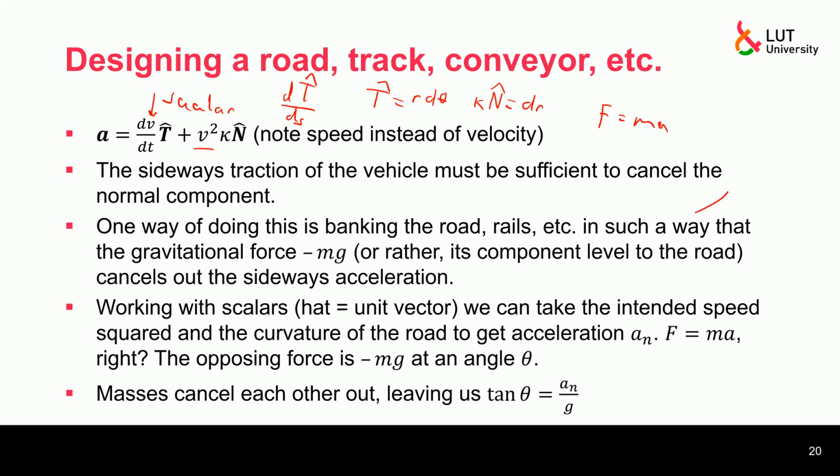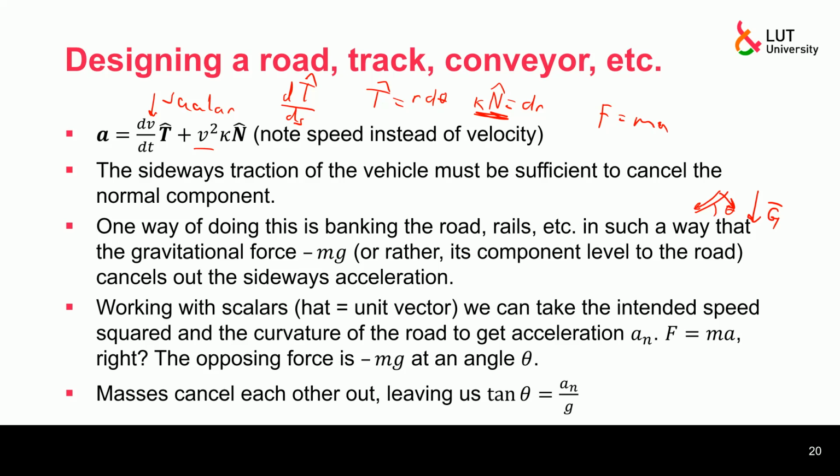If you have a banked road with an angle, gravity is going to point down, but then the components of gravity when we put on the roadway is that way and that way. That component is how well we press towards the road, and this component is how the banking in the road does help counter these forces.